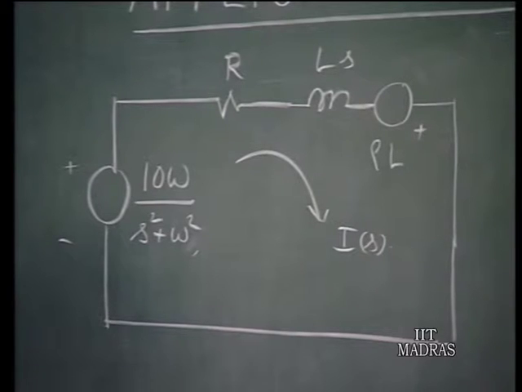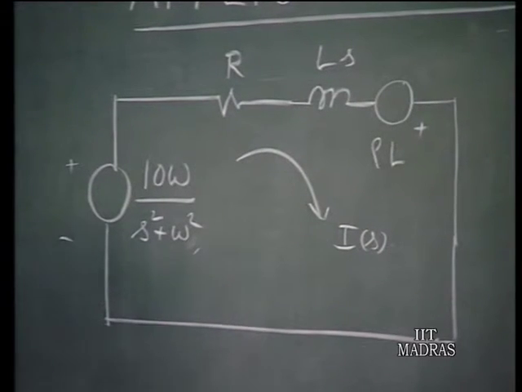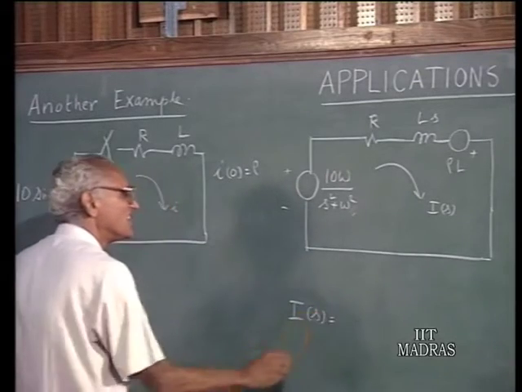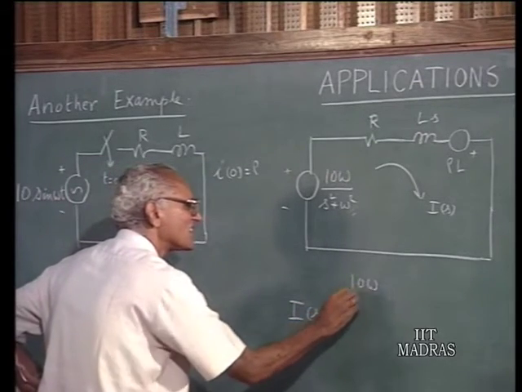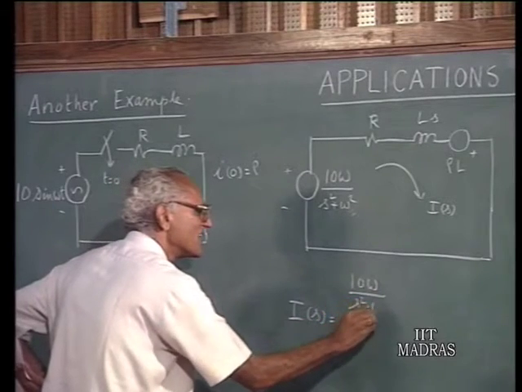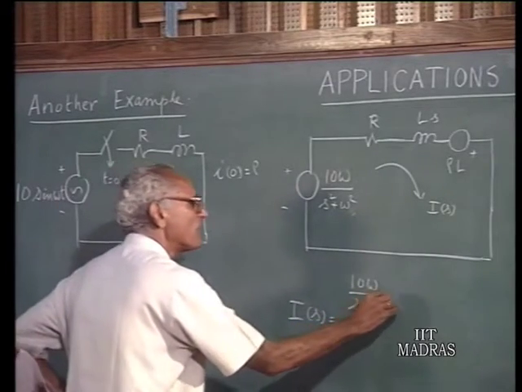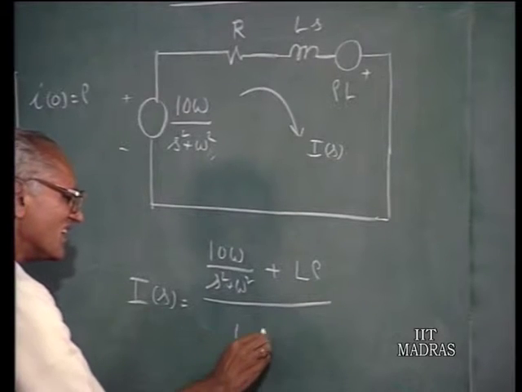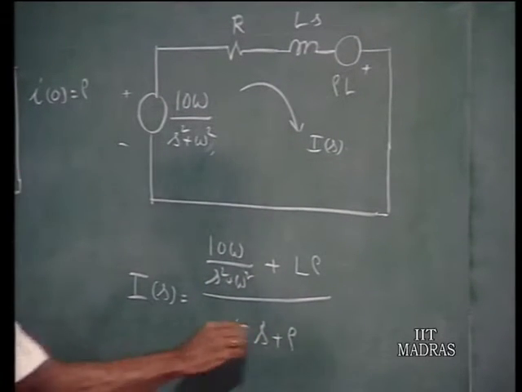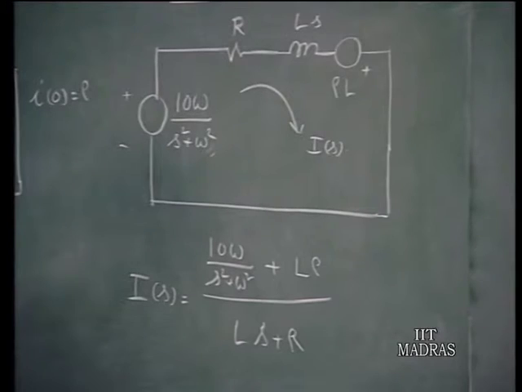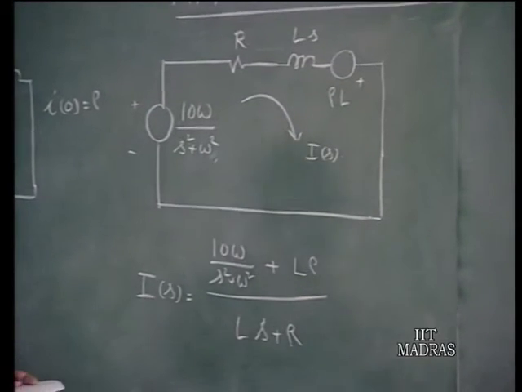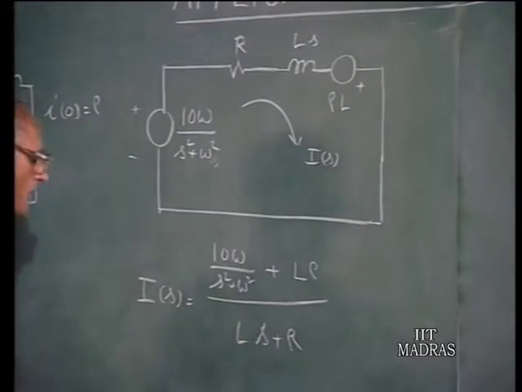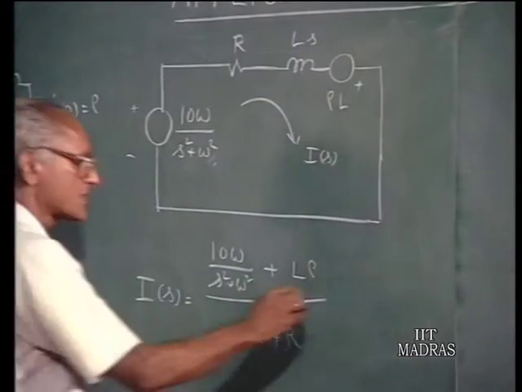So, if you write this, after all this is a simple single loop circuit, therefore, I(S) can be written as 10 omega over S squared plus omega squared plus L rho, that is the total driving voltage in that loop, divided by Ls plus R, that is the total impedance in the circuit. Now, after all you have to make the partial fraction expansion for this.